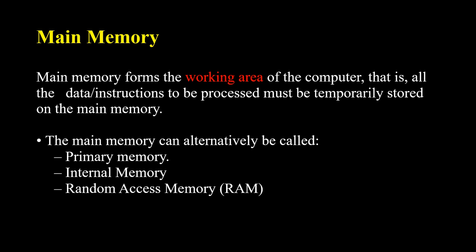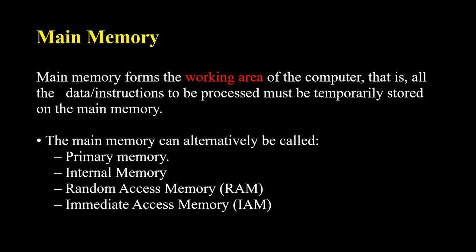There are some memories where, to access data, you have to follow a particular sequence. You can't pick one data item before you have gone through the other. But data items within main memory can be read by the processor at random, making read and write very fast.